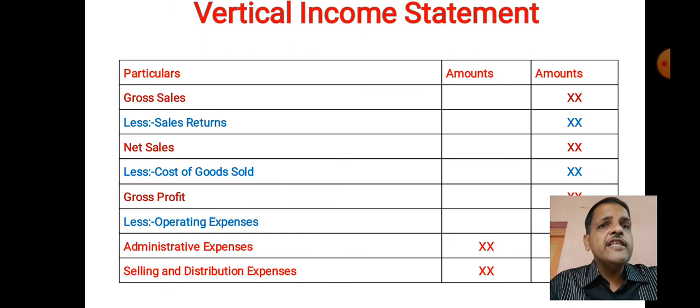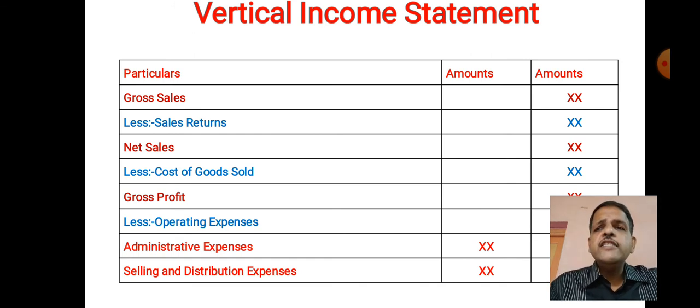After deducting all these things, what we get is gross profit. Now friends, this gross profit is very important for us in order to know our gross earnings or trading earnings.